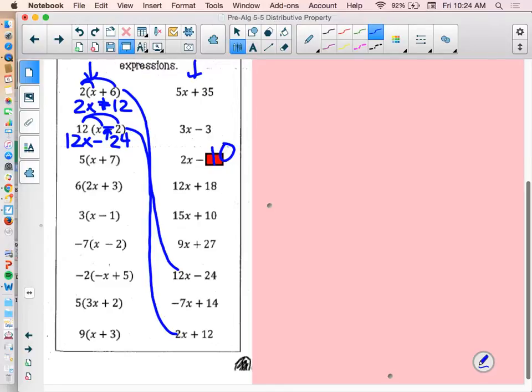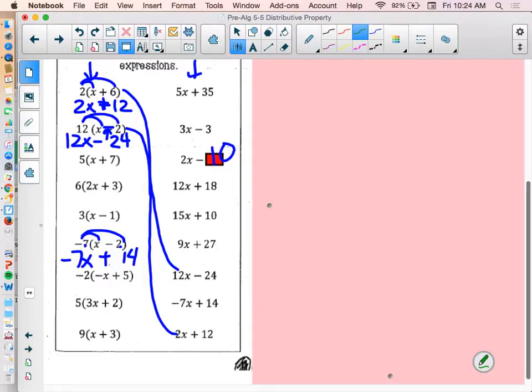Okay, go ahead and pause the video, and please complete the rest of these. Don't forget when it says -7, you have to multiply the -7 by the -2. So you're going to get plus 14 in this one because a negative times a negative equals a positive. And you'll start off with -7x plus 14. So don't forget about those signs. Okay, go ahead and pause and complete it, and then check your work.